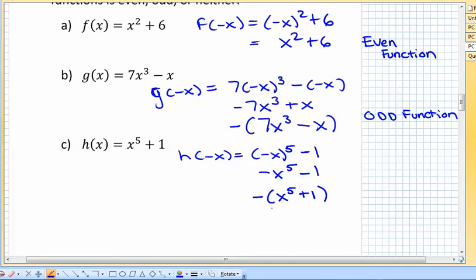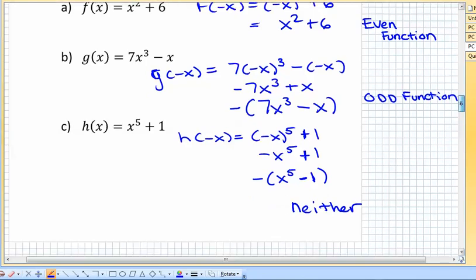Sorry, I wrote the wrong sign, so it gives me negative x to the fifth minus 1, and since it doesn't give me the opposite, then this would be neither, because it's not the same and it's not the opposite. Therefore it's neither even nor odd.